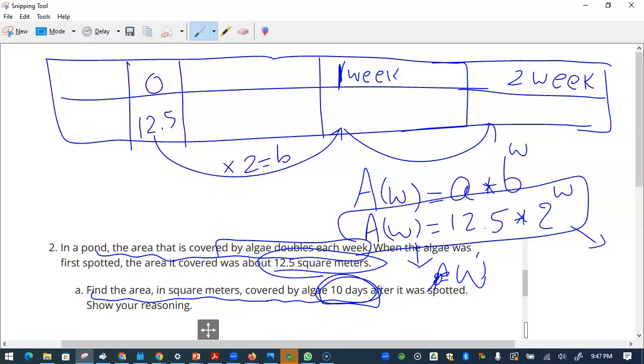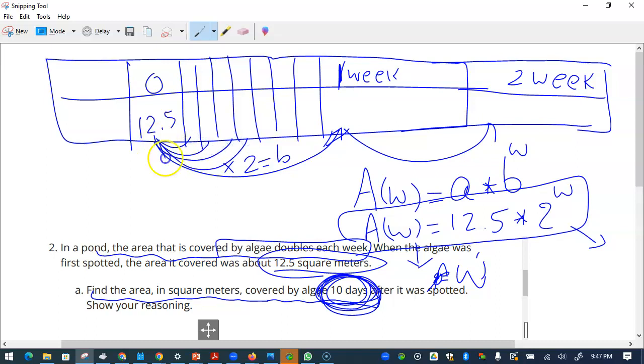The question asks after 10 days, so we want it in days. Instead of weeks, we break this into 1 day, 2 days, 3 days, 4 days, 5 days, 6 days, 7 days. Then we want to see what factor multiplies continuously to get a week. From 0 to 1 week the factor is 2, but how much is it every day?